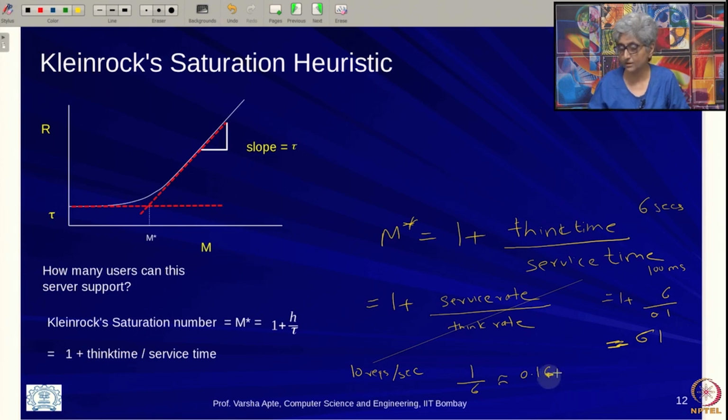This is not really the rate at which a user issues a request, this is the rate at which a user can issue a request if response time was 0.